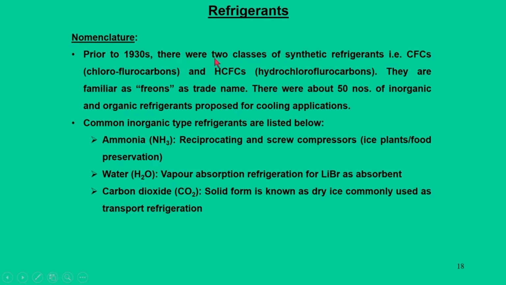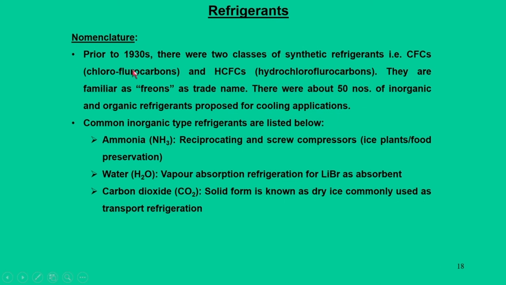Now, moving to the types of refrigerants that are used in refrigeration systems. Prior to 1930, there were only two classes of synthetic refrigerants, and they come under chlorofluorocarbons or hydrochlorofluorocarbons.